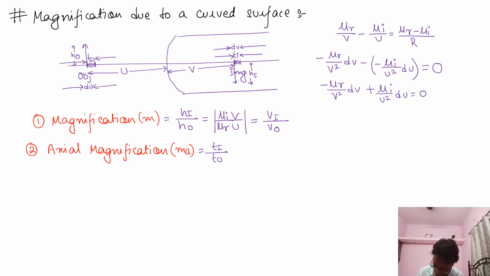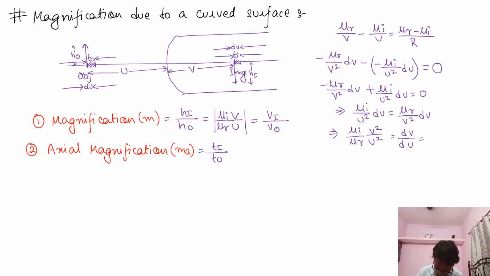Okay, or mu i by u square du is equal to mu r by v square dv. Okay, or dv by du is equal to mu i by mu r into v square by u square.